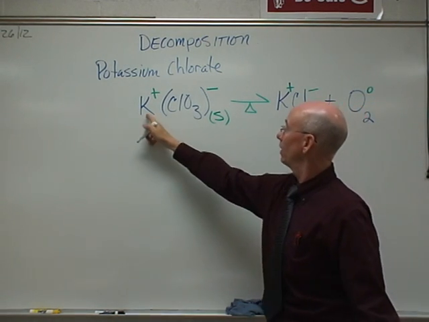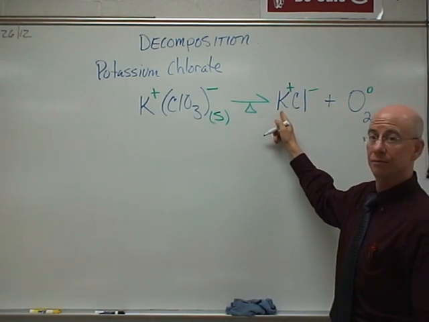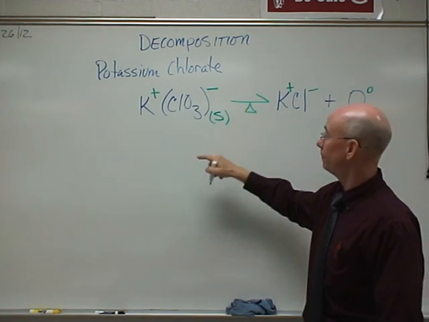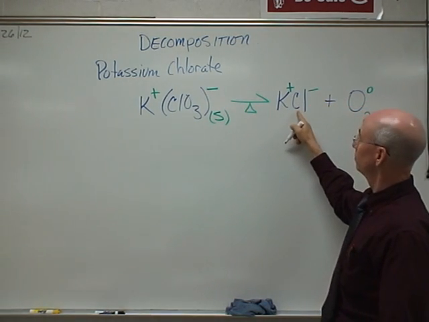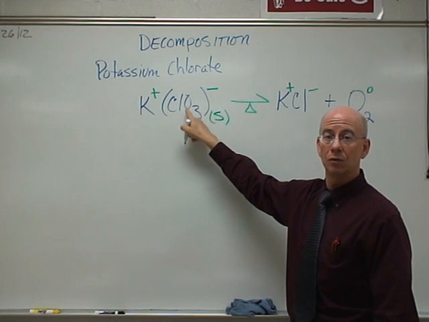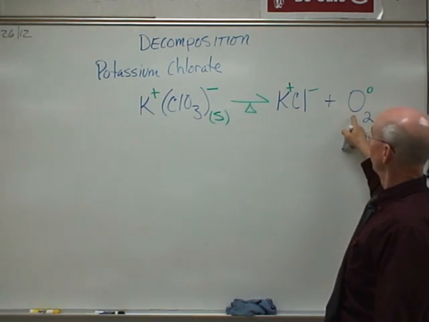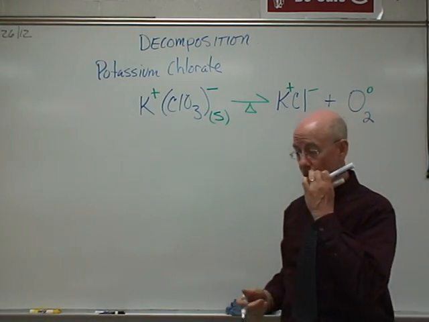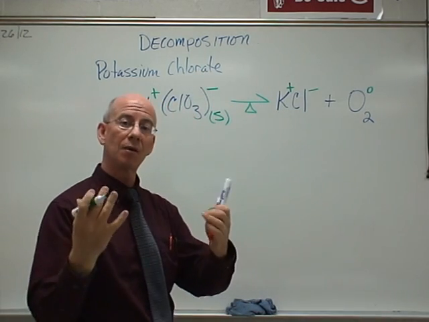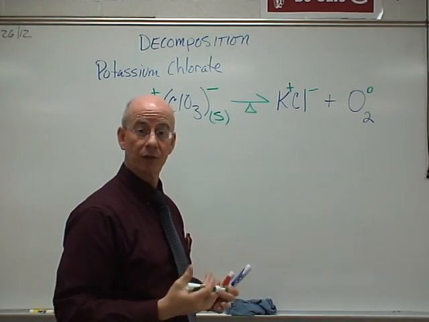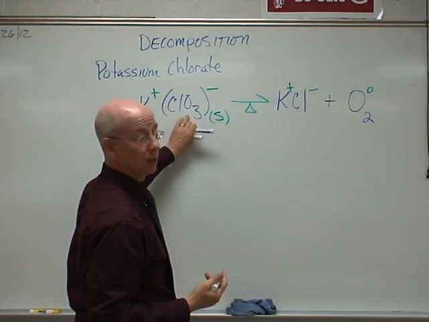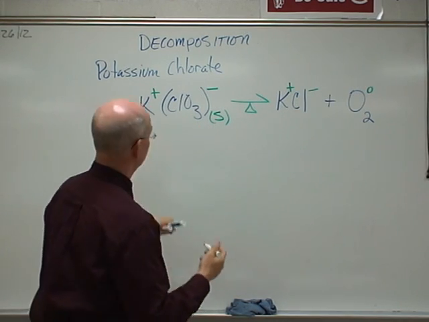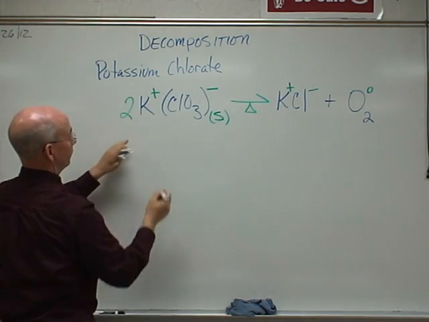So by inspection, we have 1 potassium each. This is like an equal sign, remember. 1 chlorine each, but now we have a problem. We have 3 oxygens here and only 2 there. And 3 and 2 aren't going to jive unless you come up with a number like 6, because both can go into 6. So let's say that we need 6 oxygens. Here we'd have to put a 2 out front.